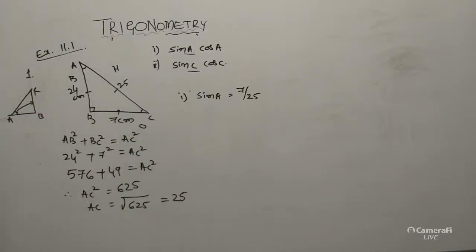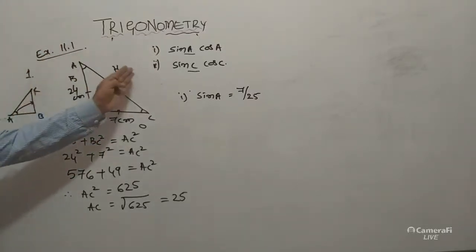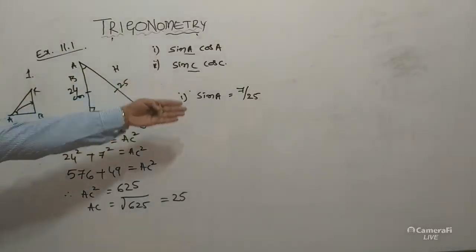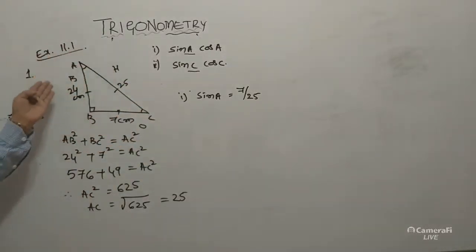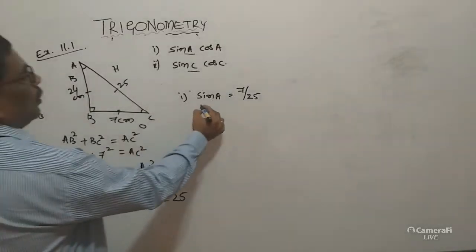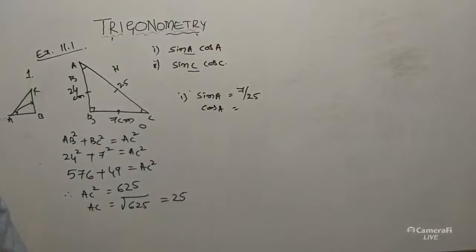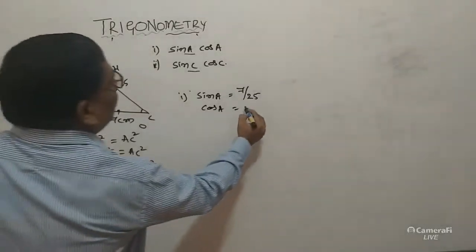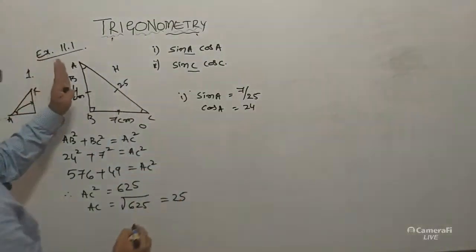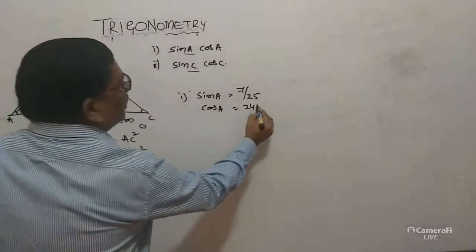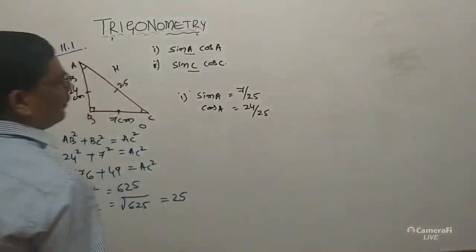Similarly, cos theta is equal to base by hypotenuse, because sin is opposite by hypotenuse and cos is base by hypotenuse. So cos angle A, here it is mentioned as cos A, is equal to base by hypotenuse, which is 24 by 25.